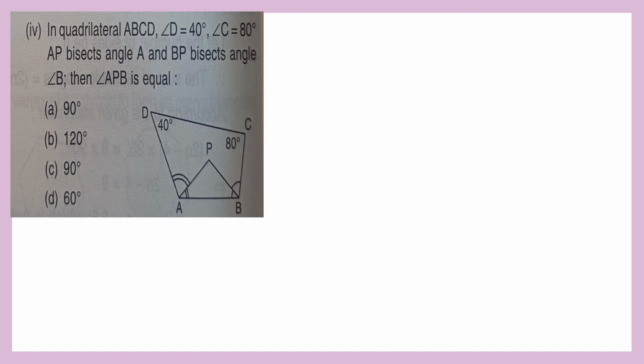Now we know that angle A plus angle B plus angle C plus angle D, all four angles, the sum is equal to 360 degrees. Now let's substitute. We don't know angle A, we don't know angle B, but we know the value of angle C. It's given to us in the question as 80 degrees, and angle D is also given to us, 40 degrees.